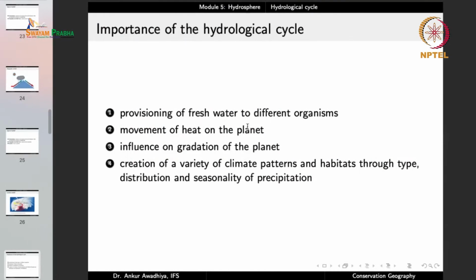There is a movement of heat on this planet because of the hydrological cycle. Why? Because in the warmer areas, when there is evaporation, the water gets converted into water vapor, taking up the heat. And then when it moves with the wind to other areas, and when it cools down and it condenses, then there is a release of heat.